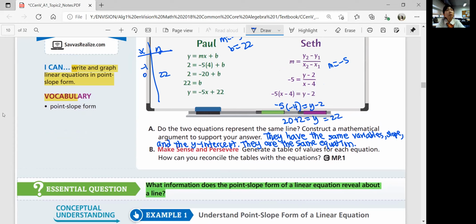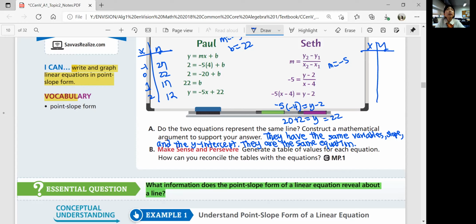If it's -1, -1 times -5 plus 22 is 22 plus 5, which is 27. For 1, it's -5 times 1 plus 22, which is 22 minus 5, which is 17. Okay? And this is called the table of values. And so on.